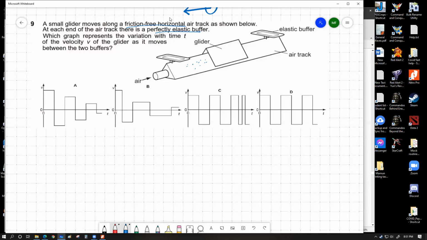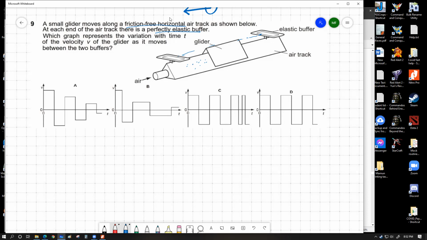Now have a look. The glider is going to travel from one end of the air track to the other with uniform velocity, and it will make a collision, and then start moving backwards in the opposite direction. As long as the glider is in collision with the elastic buffer, its velocity will change. The moment it loses contact with the buffer, it travels over the air track with uniform velocity.